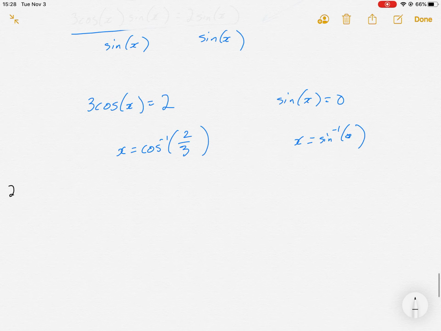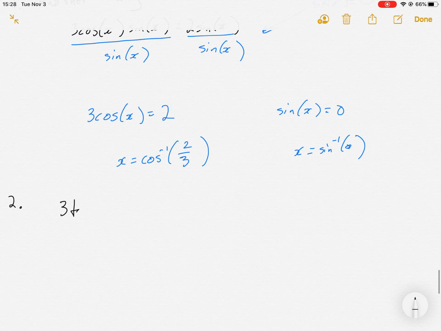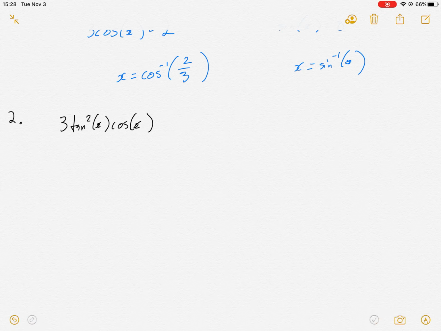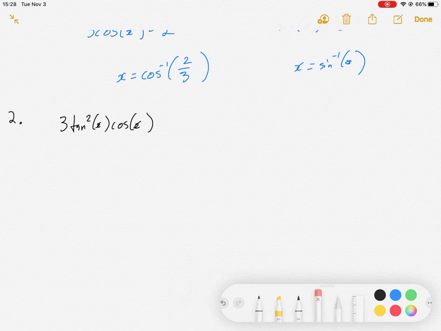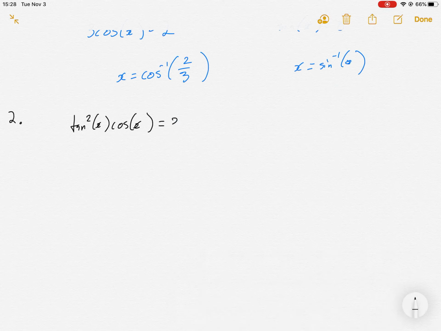Same thing could have happened in number 2. We could have said tangent squared, and then that equaled 3.